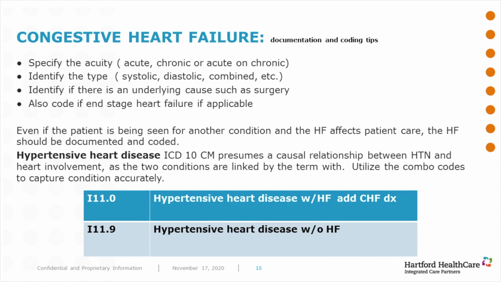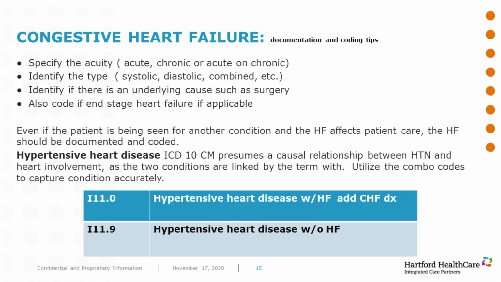One of the things that I see a lot when I do chart reviews is that the provider will document hypertension and then document congestive heart failure and not utilize the combination codes. These are two codes that we can utilize to really capture both and speak to that patient's level of specificity and health status.